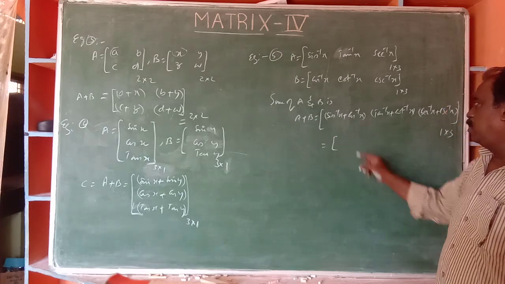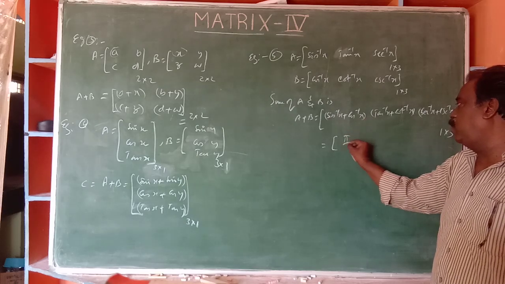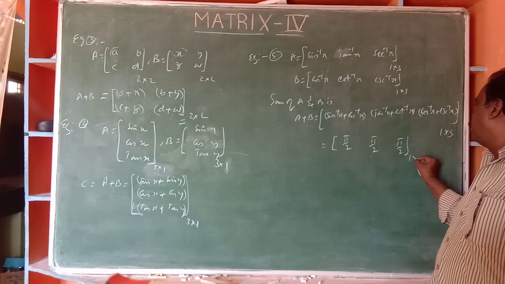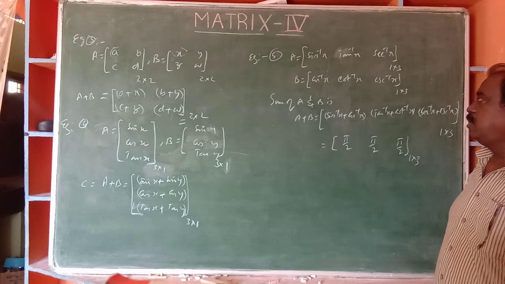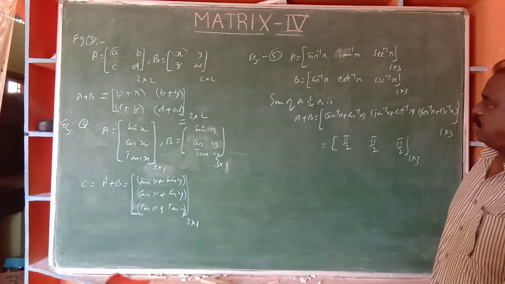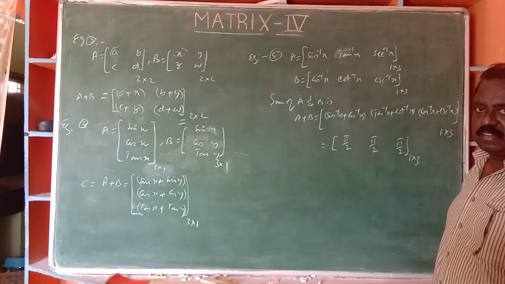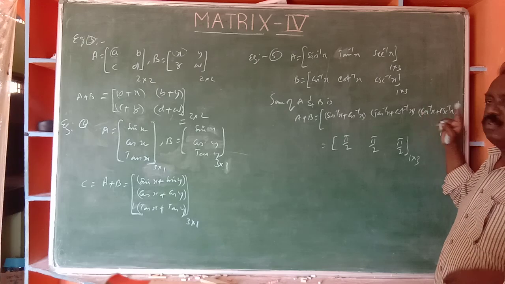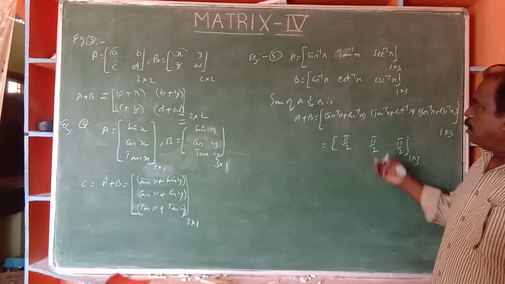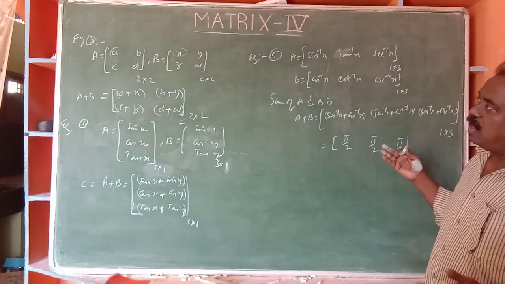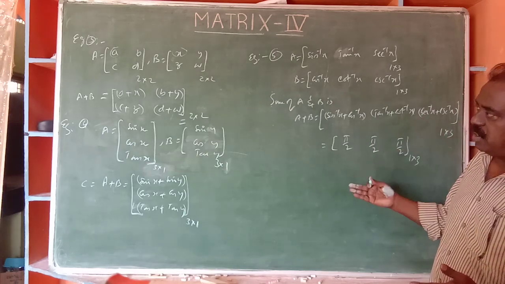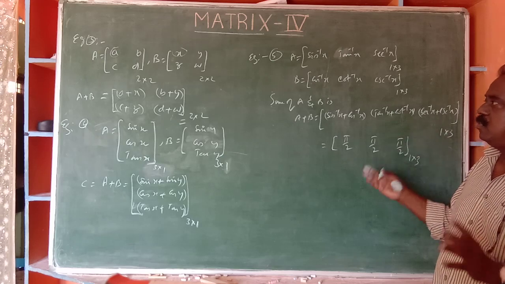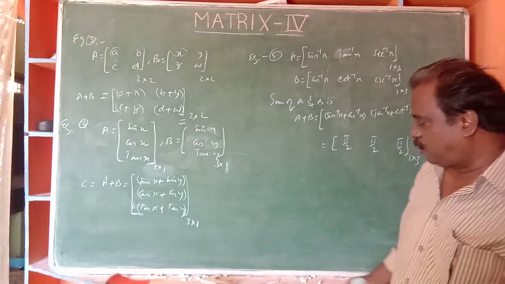It can be reduced. Sin inverse x plus cos inverse x is equal to pi by 2, in the inverse trigonometric functions. Here also it is pi by 2. You know that problem. Here we try to understand the addition of matrices. Like this, we have to add the two matrices.